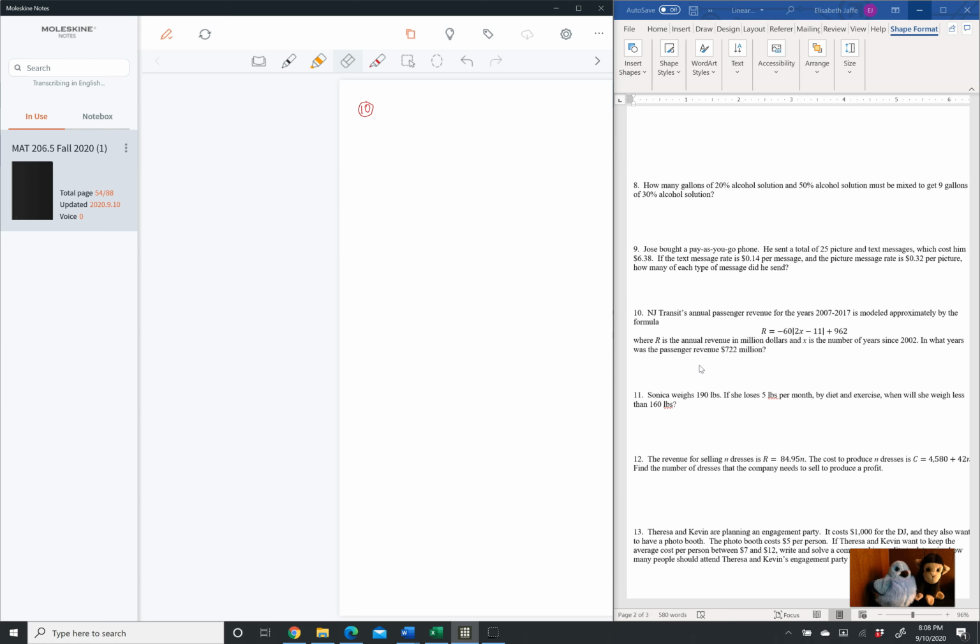So this is our equation, and notice this is one equation. 722 equals negative 60 times the absolute value of 2x minus 11 plus 962. So quickly, we're going to solve this absolute value.